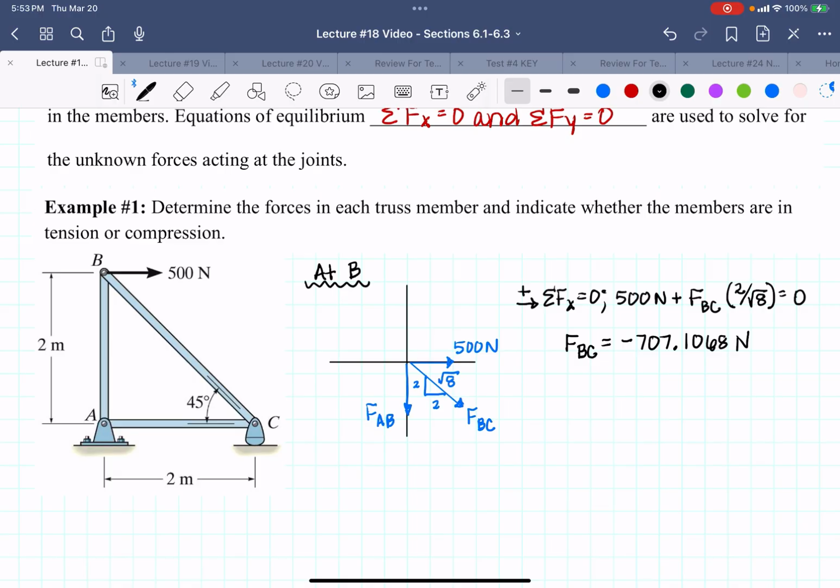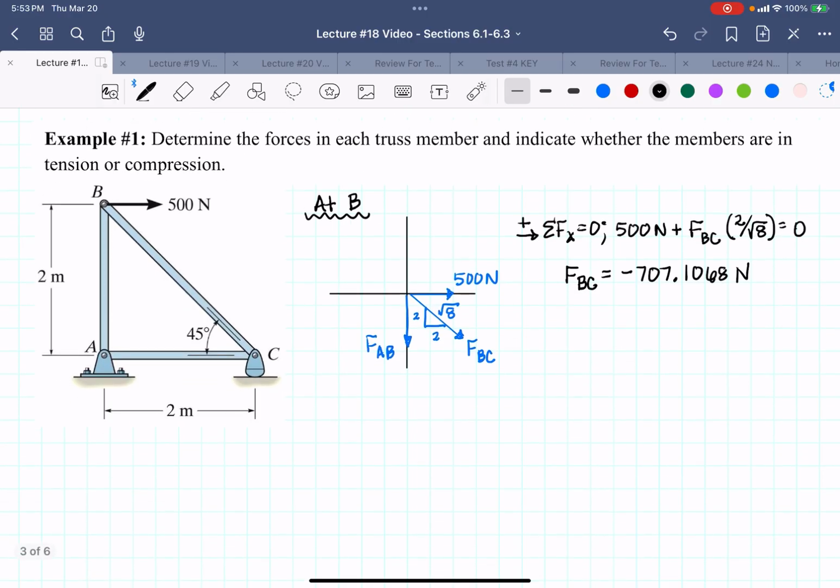And now that I have that, I can sum the forces in the y direction and solve for FAB. So let's do that. If I sum the forces in the y direction equals 0, I'm going to have FAB going down, so negative FAB. And I also show FBC going down. Now note, I'm going to say minus, but I have the amount, the magnitude for FBC, and it's negative. So I'm going to use that negative.